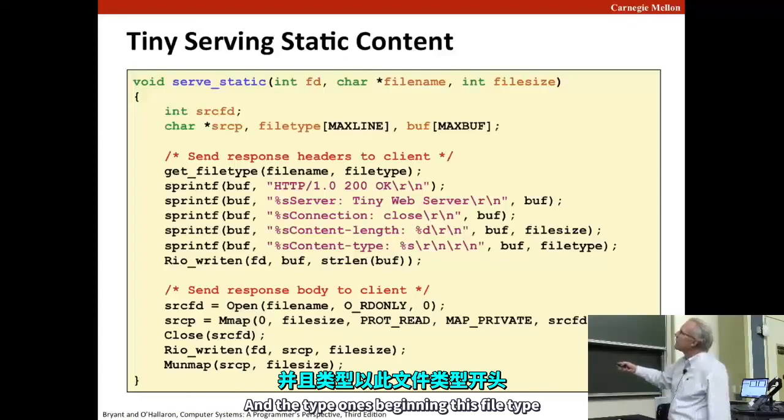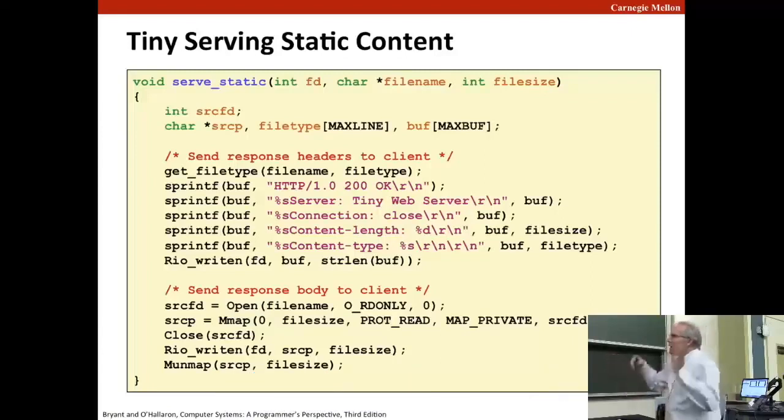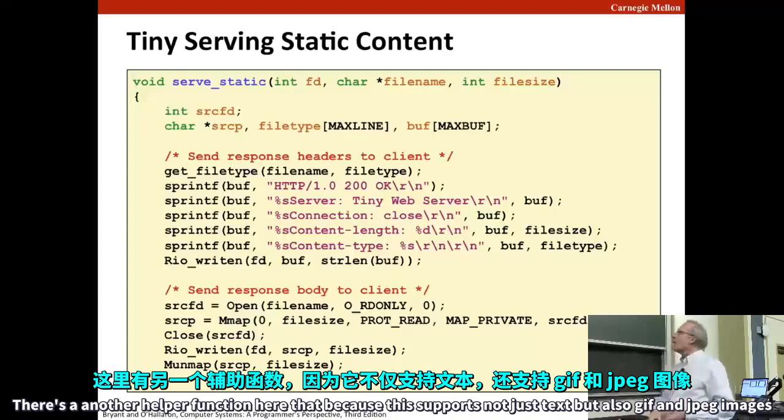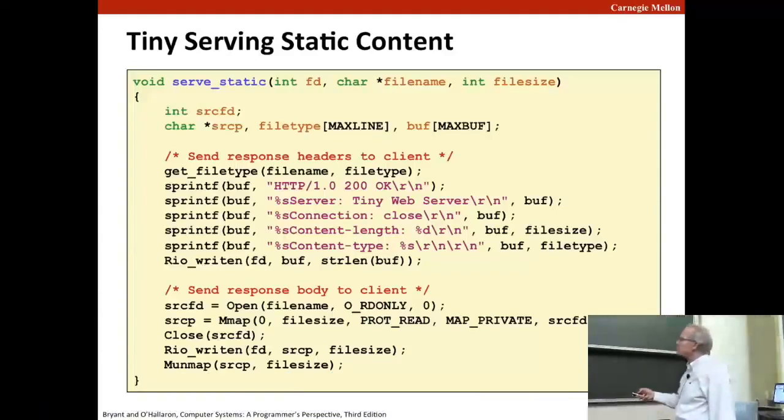Where is he getting the file type? Oh, there's another function. Oh, I remember why. There's another helper function here because this supports not just text but also GIF and JPEG images. So get file type is another function somewhere else that's telling which MIME type this particular file is.